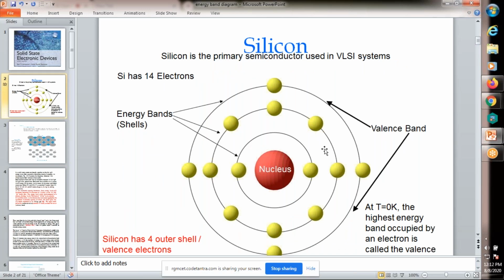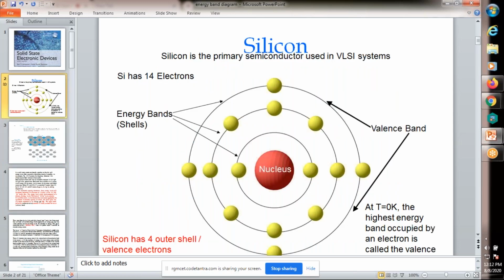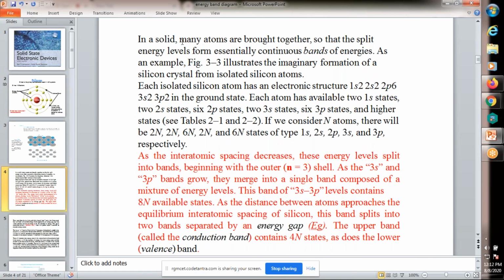Whenever we consider a solid, many atoms are brought together so that the split energy levels form essentially continuous bands of energies. All these shells are the discrete energy levels. These discrete energy levels are available only if we consider a single silicon atom or an isolated atom. If you form a solid, many atoms are brought together so that the split energy levels form essentially continuous bands.